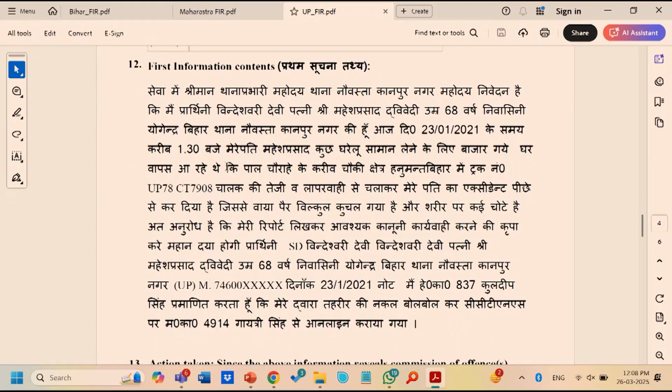You can see this kind of narration; people who can read Hindi can read it. This narration depends upon the skill of that constable. If he is good at writing narration, he can describe things in a better way.